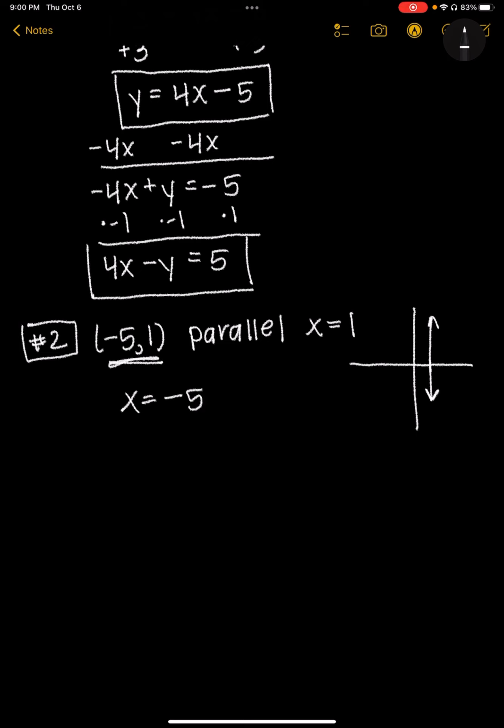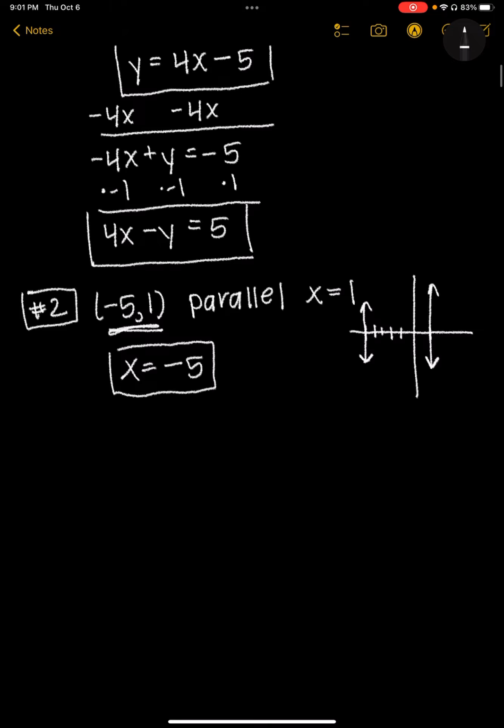Because if I were to graph that, I'd go 1, 2, 3, 4, 5, and it would look like this, which is parallel to that x equals 1 line because they have the exact same slope. They look like the exact same thing. It's just kind of shoved over a little bit. And so this is actually my answer, and that's my answer for both standard form and slope-intercept form because there's no way that you can get that into either form.